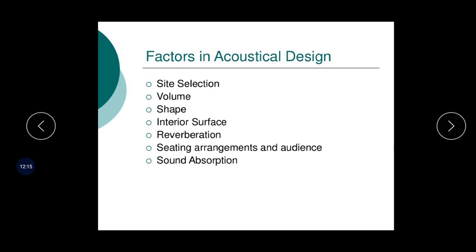Next, the fourth point is the interior surfaces, or the treatment given to these interior surfaces. The treatment of interior surfaces, that is ceiling and side walls, also plays an important role in acoustical design. The ceiling and side walls should provide favorable reflections or reinforce the sound that reaches the rear part of a large auditorium.